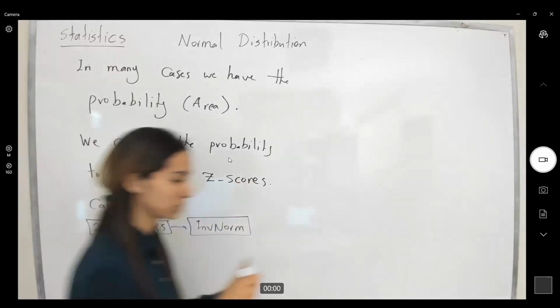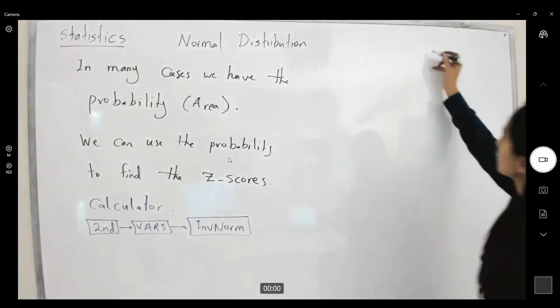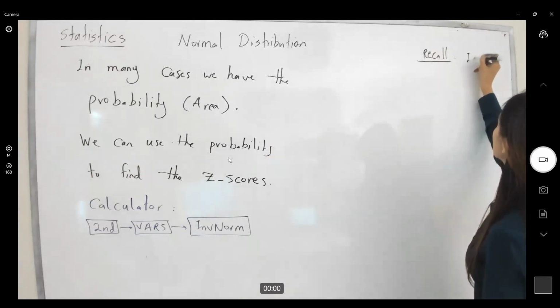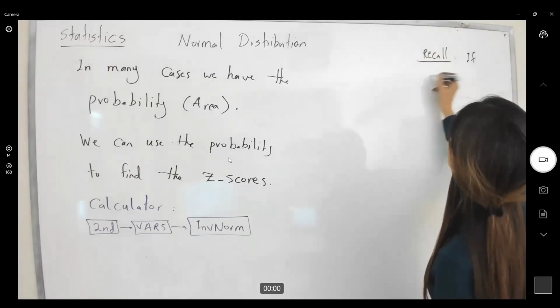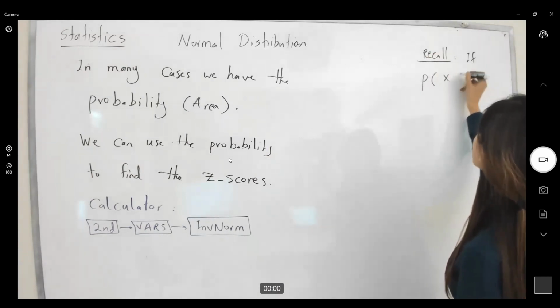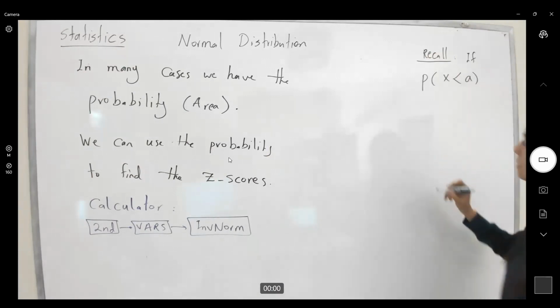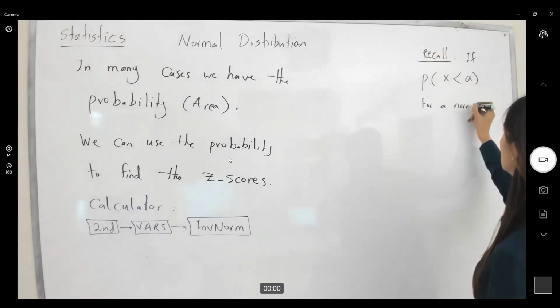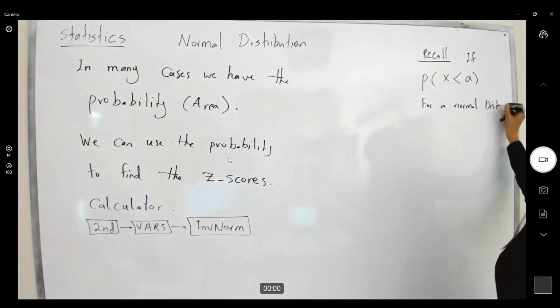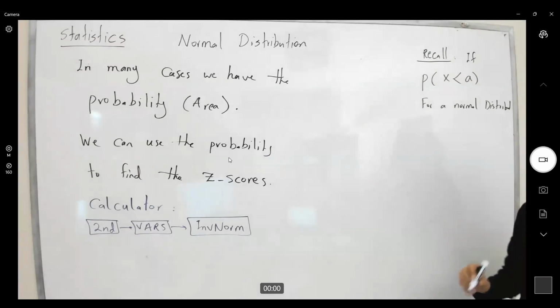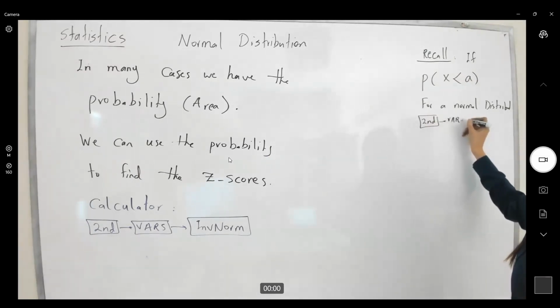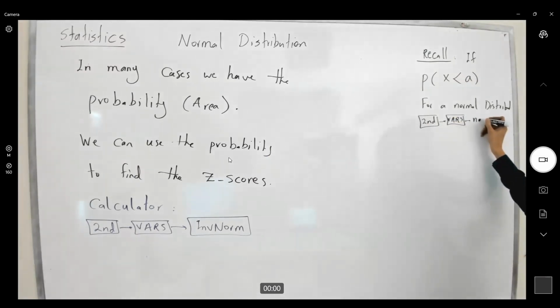So again, a quick recall for you. If you're finding the probability that X is less than A, and you have a normal distribution, you're going to go to second, vars, and use normal CDF.